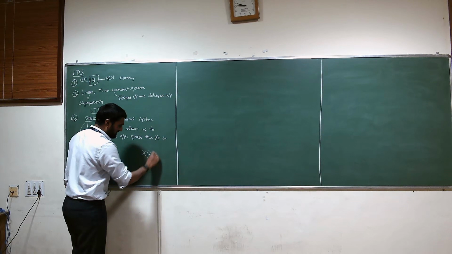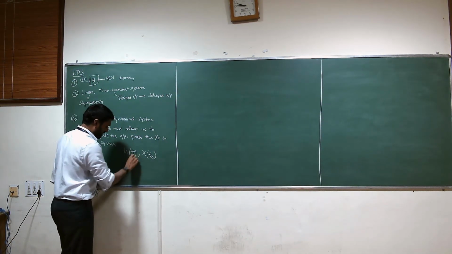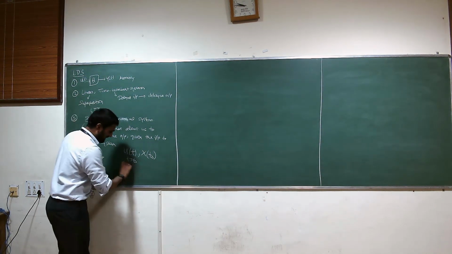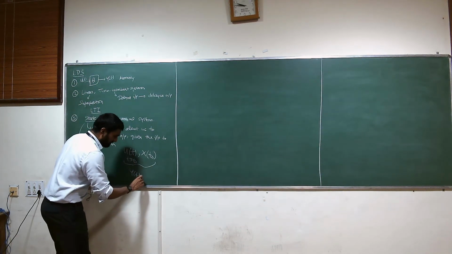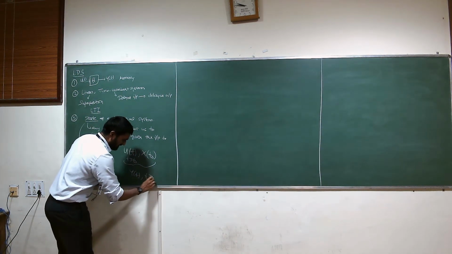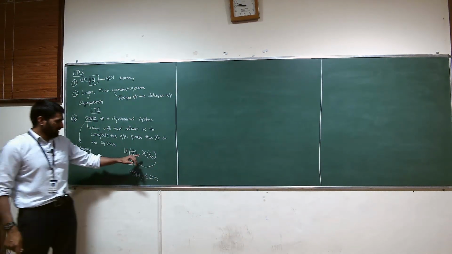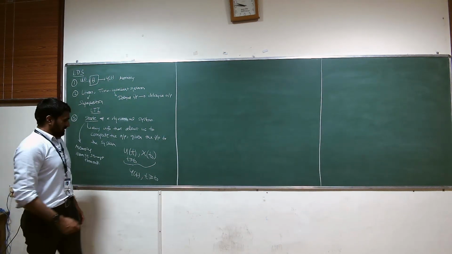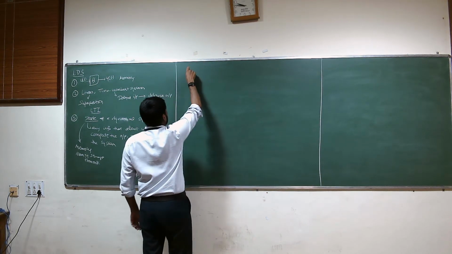If we know the value of state at time t naught, and we know the input for time t greater than t naught, then with this information, we can compute y of t, the output of the system for t greater than t naught, provided we know the dynamics of the system, how the state and input affect the output. Okay, all right. So this gives us the state space formulation.